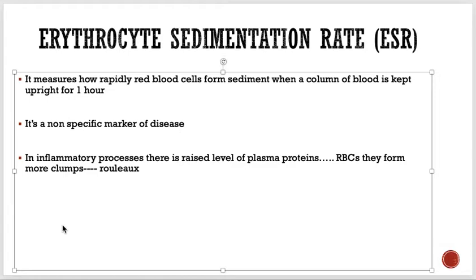Now when these clumps of cells sink down, of course, the column of the RBCs will go down and the ESR will be high. Simply, the clumps sink more easily than single cells, and when they sink, it leads to a high ESR.